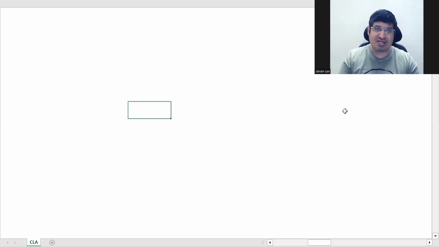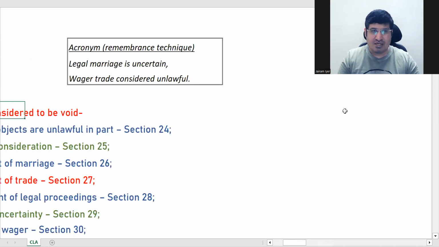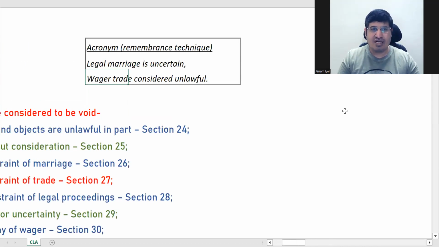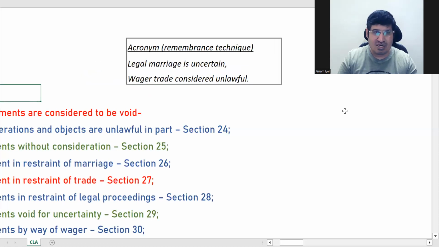That's called a wager, kind of like a lottery. Normally it is not considered unlawful unless specifically specified, but otherwise it is considered unlawful.